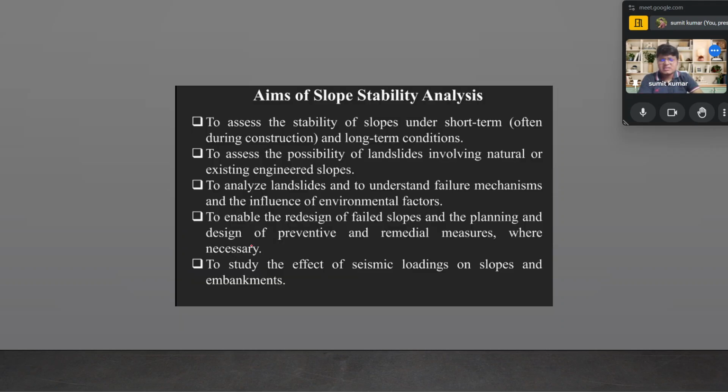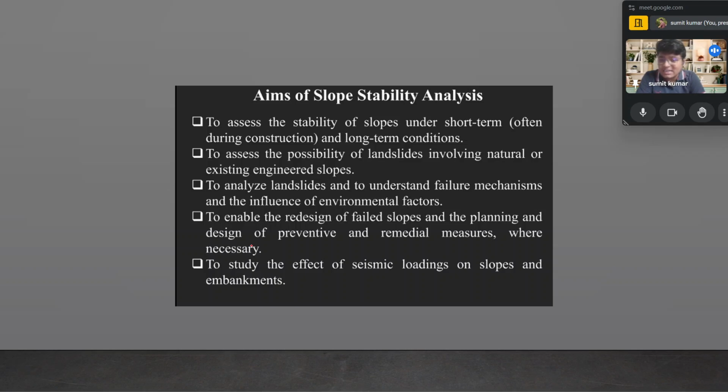Now see, as we have understood the slopes, the patterns, and their failures, now we come to understand the aim of slope stability analysis. The aim is to assess the stability of slopes under the short term, often during construction, and the long-term condition, to assess the possibility of landslides involving natural or existing engineering slopes.